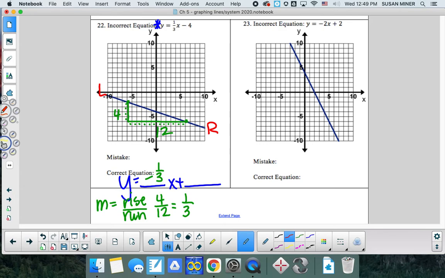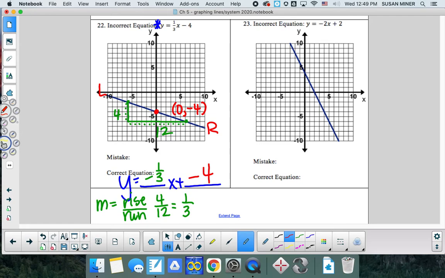My y-intercept is right here at this point, and that is the point where x is 0 because it's on my y-axis, and y is -4. And so my y-intercept value is going to be -4. And so the equation that I got was y equals -1/3 x minus 4.